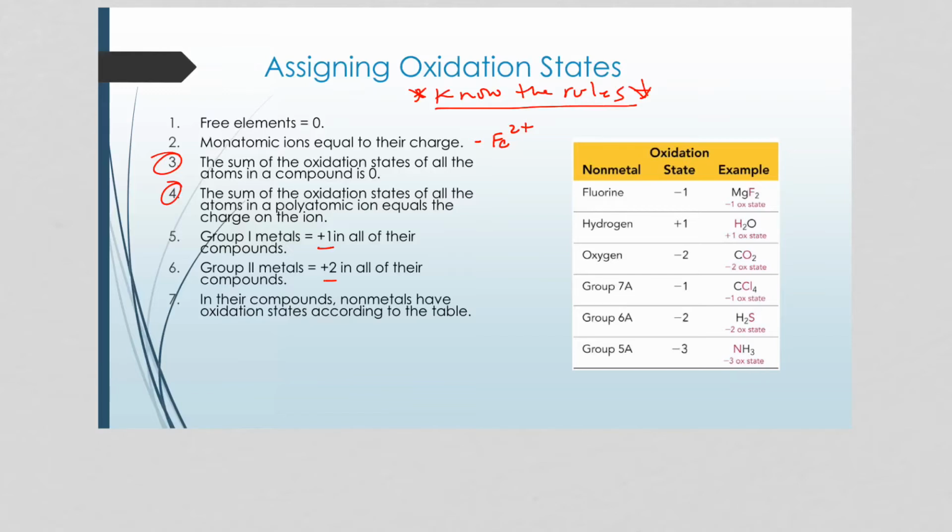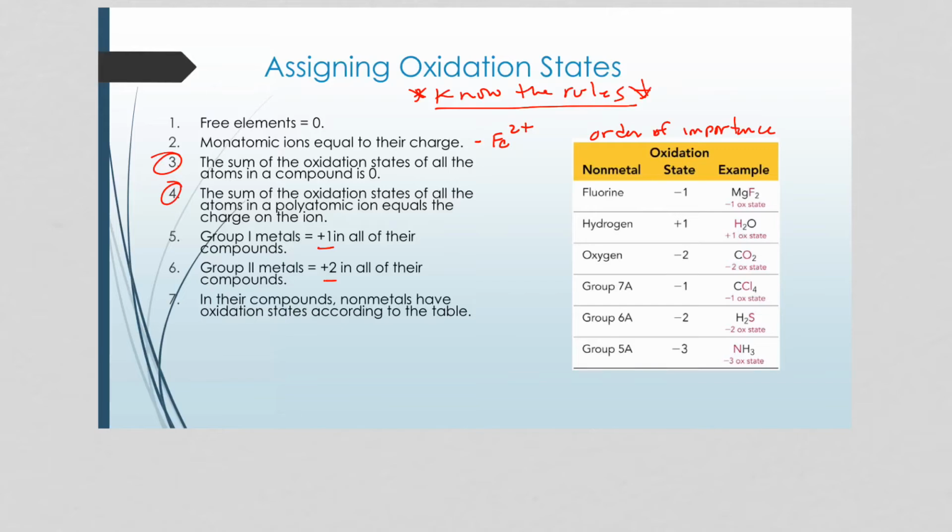Now, there are also groups of nonmetals that we can assign oxidation states to according to this table. And this table is in order of importance. So it's a ranking. If there's a conflict, the one highest in the table is going to take precedence.